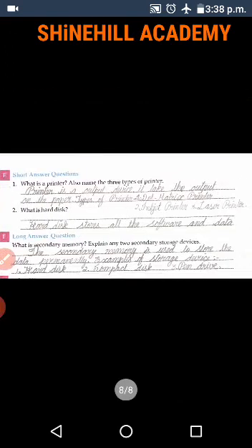Next one, E pattern, short answer questions. What is a printer? Also name the three types of printer. Printer is an output device. It takes the output on the paper. Types of printer: dot matrix printer, inkjet printer, laser printer.